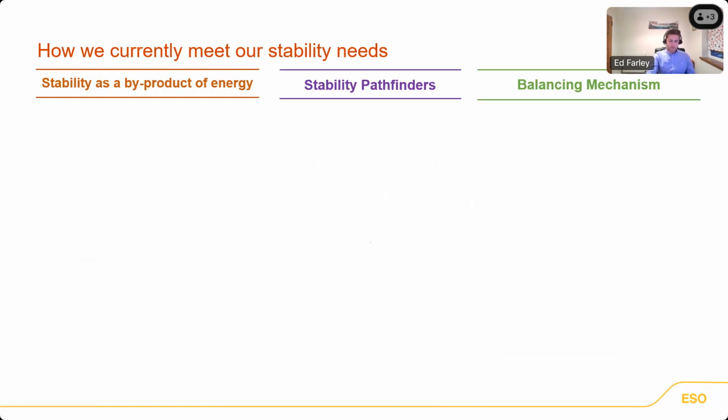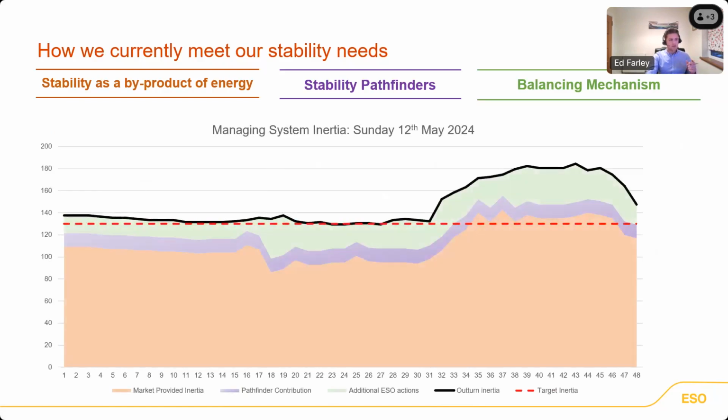And I wanted to provide an example of how this works in practice, and quite a recent example. So I wanted to show from last weekend, for example, on Sunday, the 12th of May, how the inertia was typically distributed across the day. I've split it up into a few key areas which correlate with the last slide.